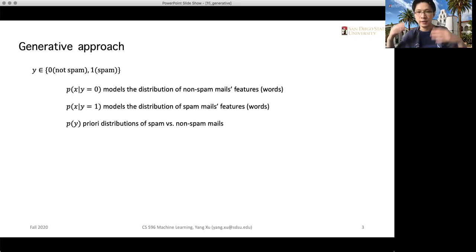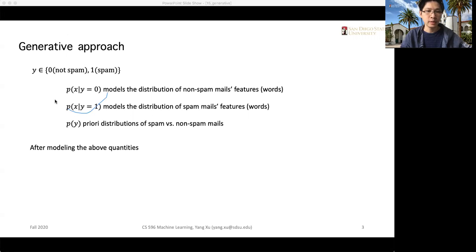Or you can think of it like in the world, how many spam mails are there in total, versus the number of non-spam mails in total. Okay. So a generative approach needs to estimate these probabilities. It's two conditional probabilities and a priori probability.